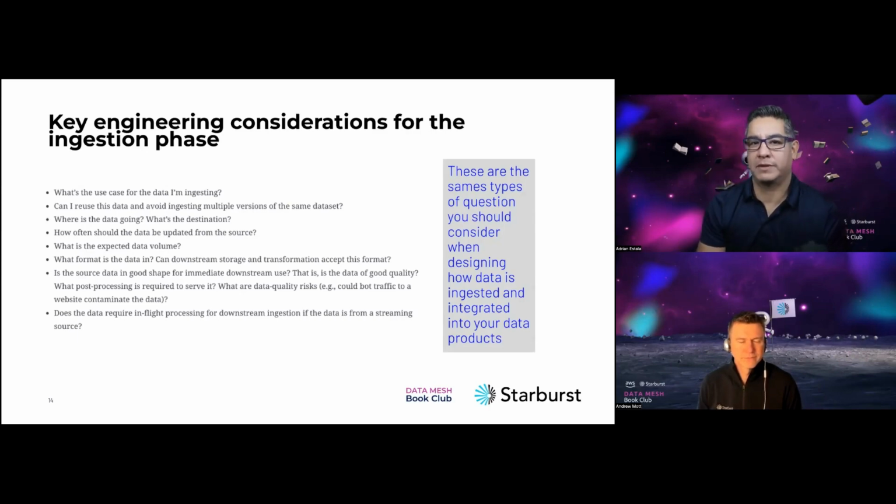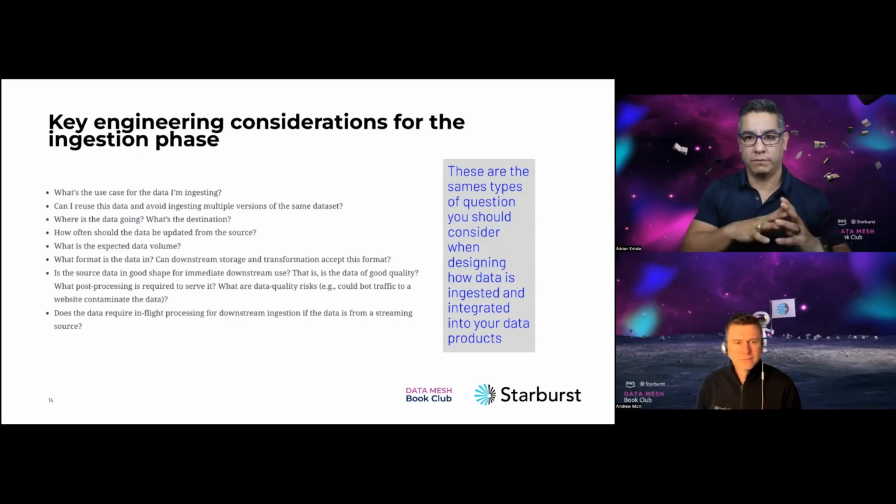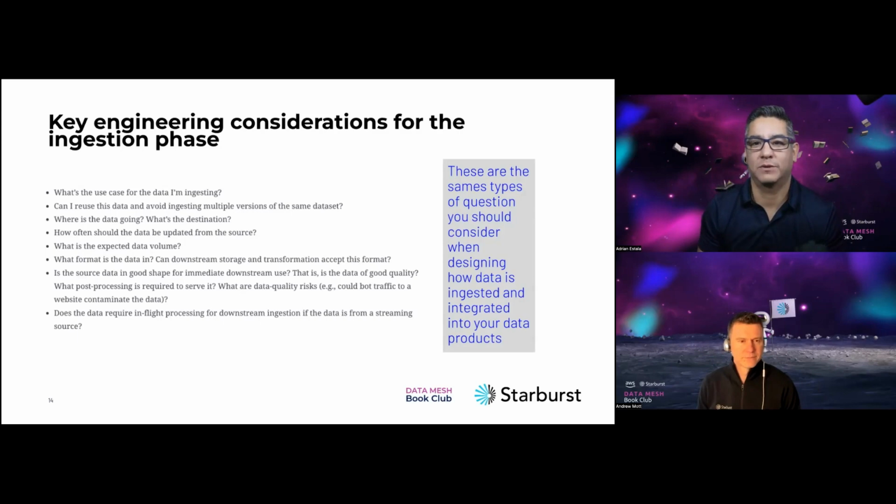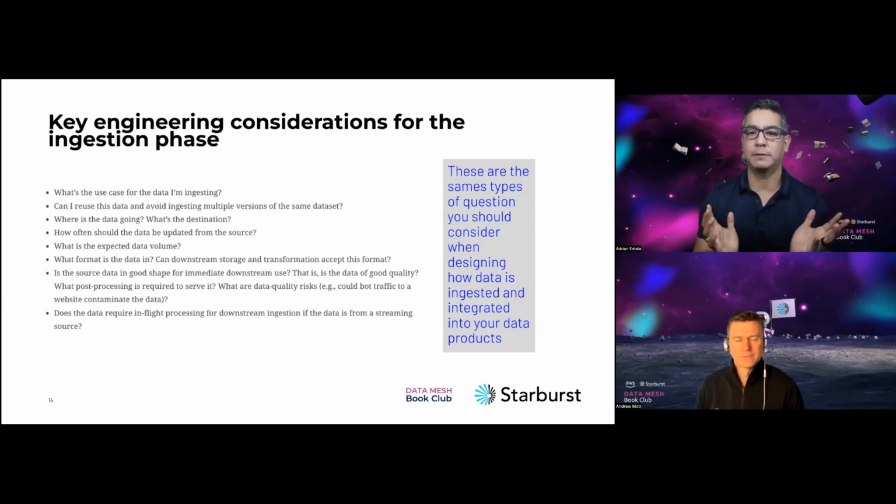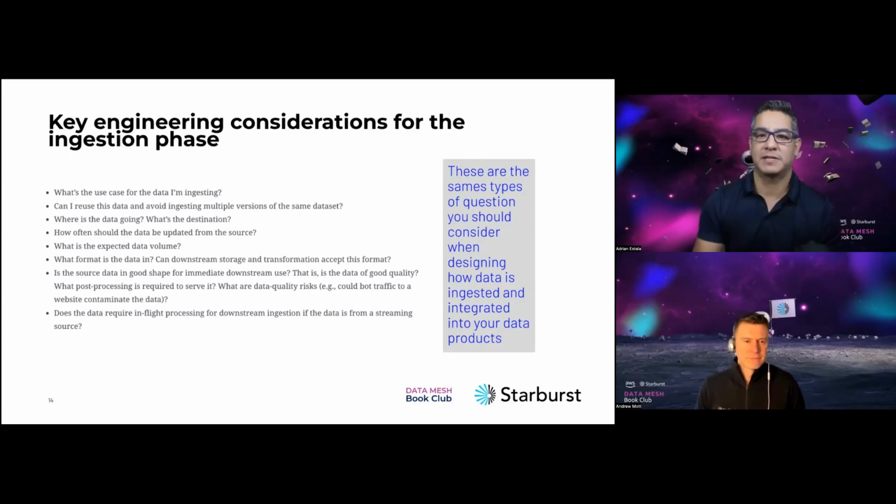They're largely talking about ingesting into a bigger platform, or into a storage environment, so you can do the ETL. But because we're data mesh guys, when I read this list, I'm thinking about how I ingest into a domain, and the conversations I've had with teams when we start to create domains. Ingest might be the wrong word, because I'm trying not to physically move data so much as make that data available. But I ask myself the same types of questions.